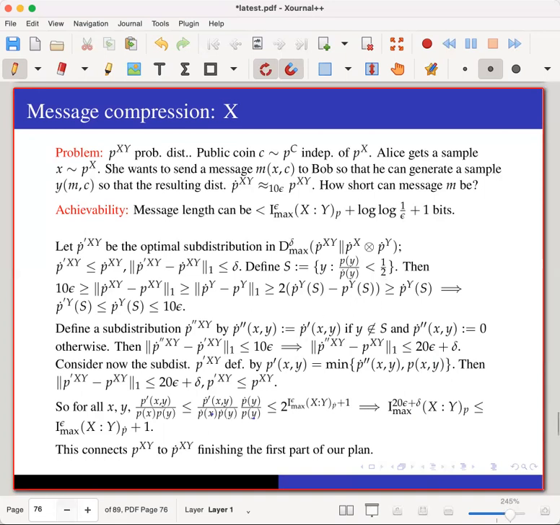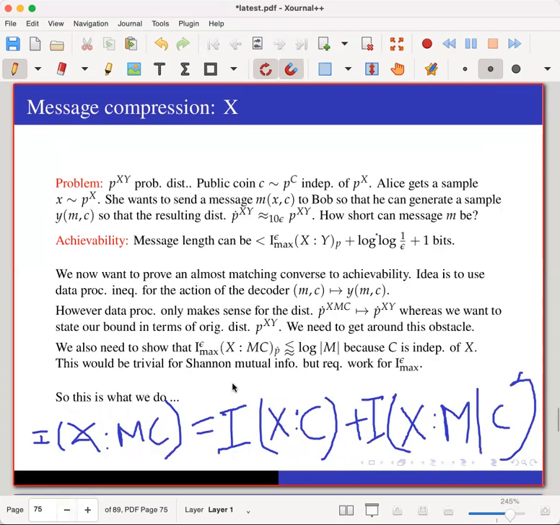Okay, but the reason I was going back to the previous slide is, I want to prove a lower bound for the length of the compressed message. The only way I can prove a lower bound is via this data processing inequality. So where does the message length come in?